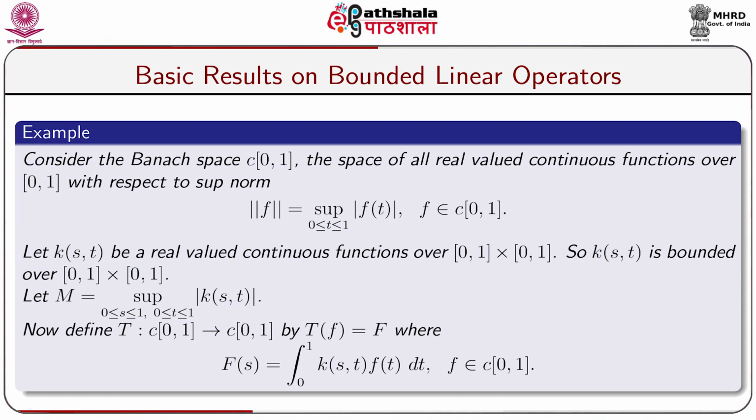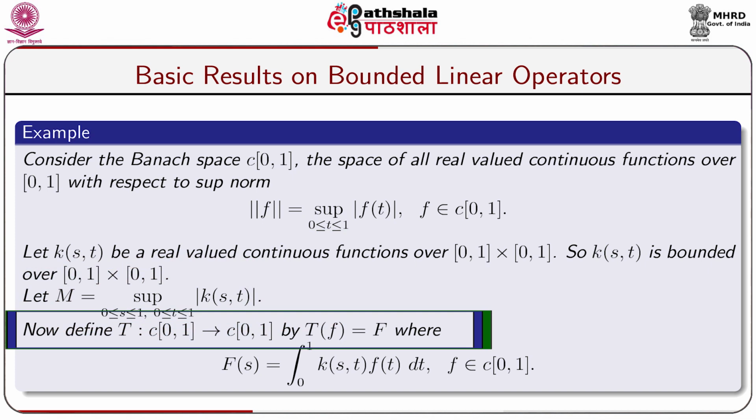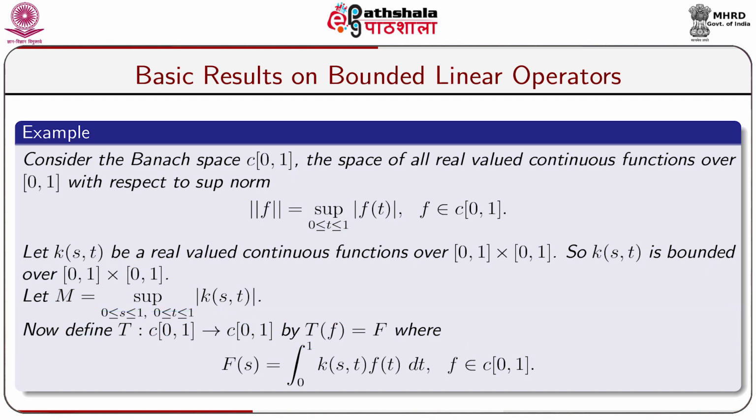So k(s,t) is bounded over [0,1]×[0,1]. Let M = sup |k(s,t)|, where the supremum is taken over [0,1]×[0,1]. Now define a mapping T from C[0,1] to C[0,1] by T(f) = F, where F(s) = ∫₀¹ k(s,t) f(t) dt, where f is taken from C[0,1].